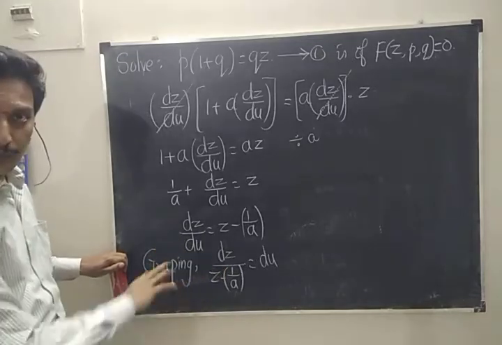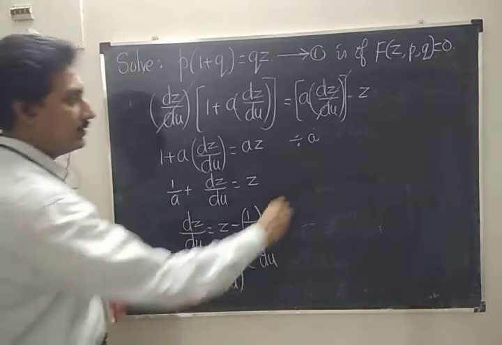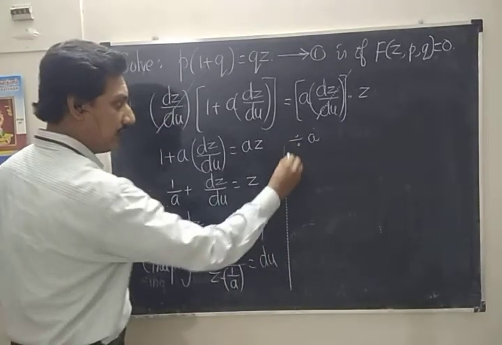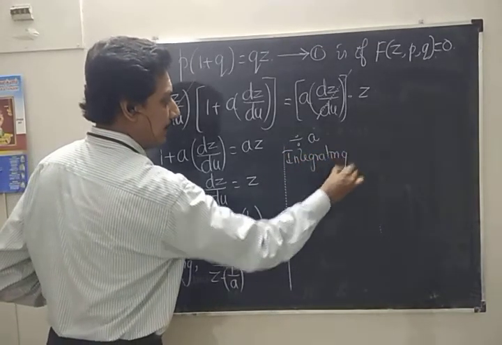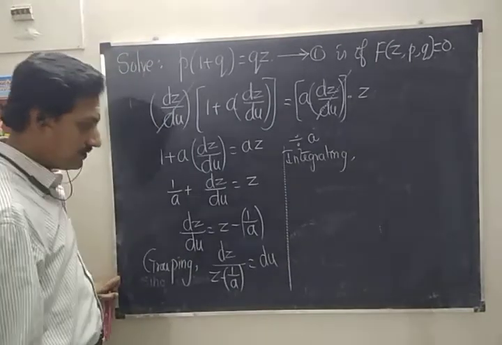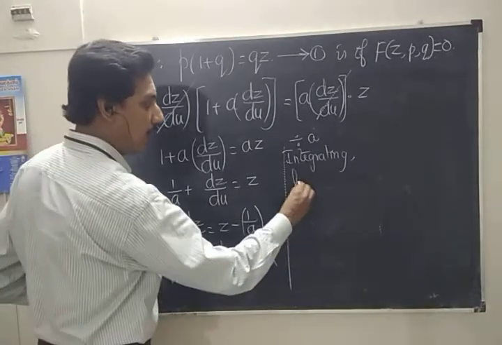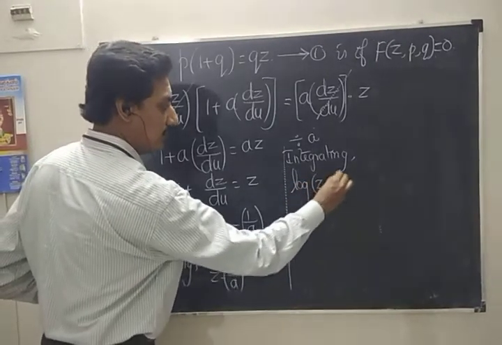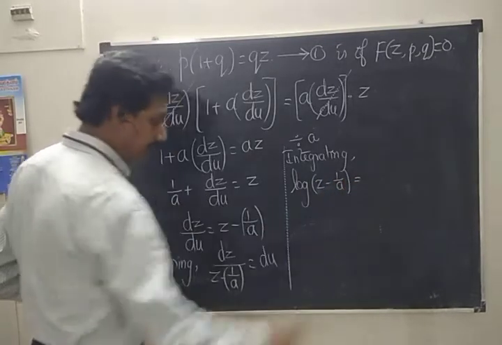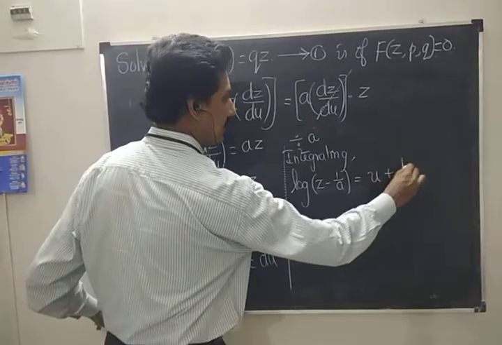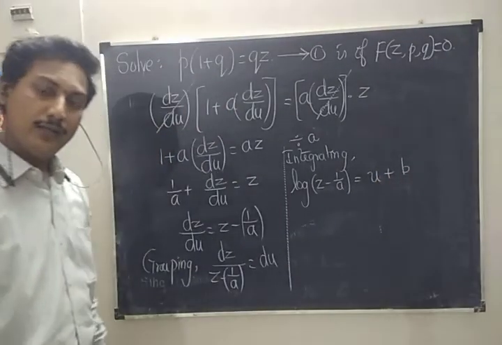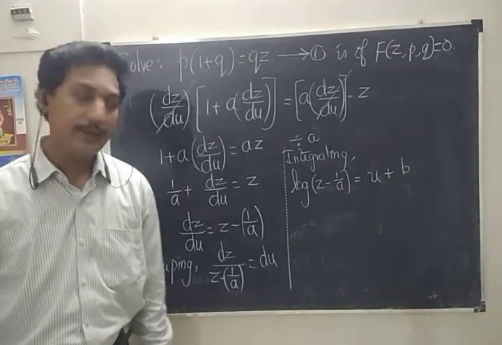Now they are grouped. So once they are grouped, let us go for the integration. Now integrating on both sides, the left hand side with respect to z, what do I get? Integral dz by z minus 1 by a is log of z minus 1 by a. In the right hand side, it is integral du. Integral du is u plus some constant b. I can add the integrating constant b.